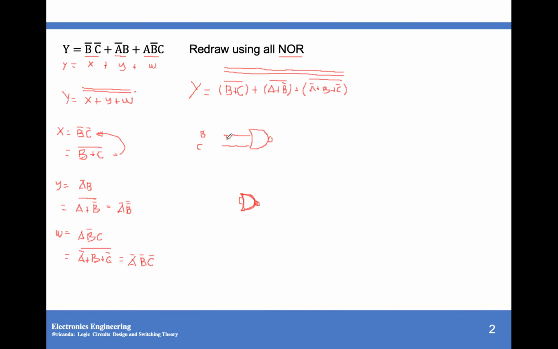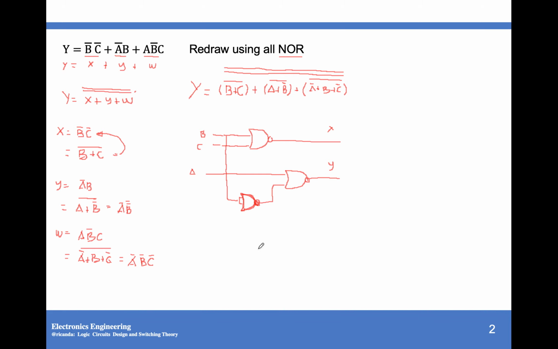This from your B is connected, remember, this is a NOR, with your A. So we have another NOR, with input A and this is your input B. So this one is your X, and this one is your Y.